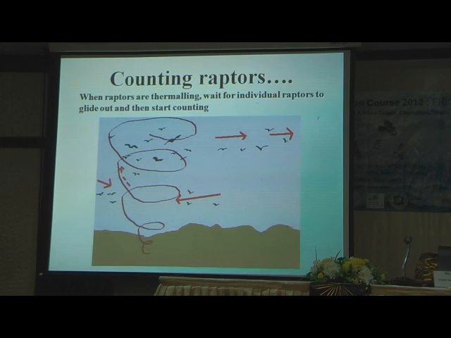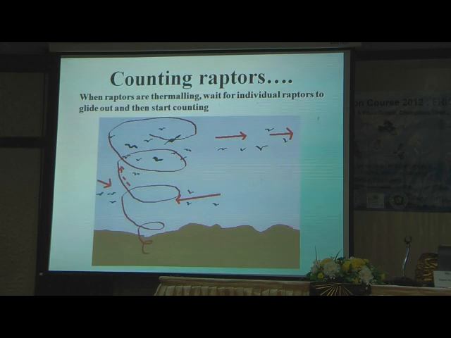And once they start to move, you can count one by one if you are fast enough. When they start to move, one bird will start to move first, and then the others will follow. So this is the time when you try to catch the birds as they move.